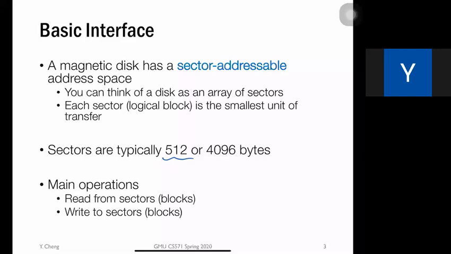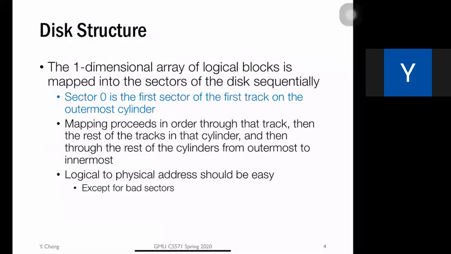And typically, people call it a disk, and this disk you can refer to as a hard disk drive. Okay, internally, what does a typical hard disk drive look like? Well, as I've already mentioned, a hard disk drive is a one-dimensional array of logical disk blocks. And these sequentially arranged logical blocks are mapped into the sectors of the disk in a sequential manner.